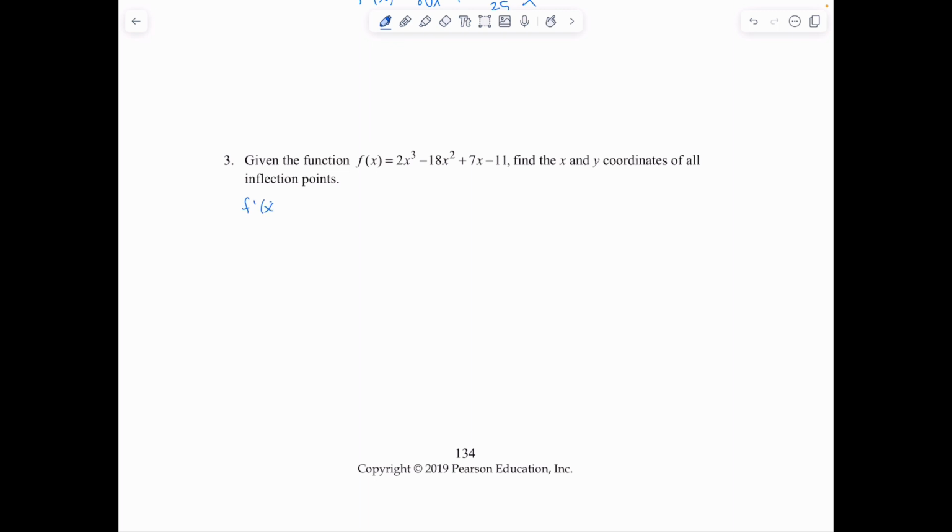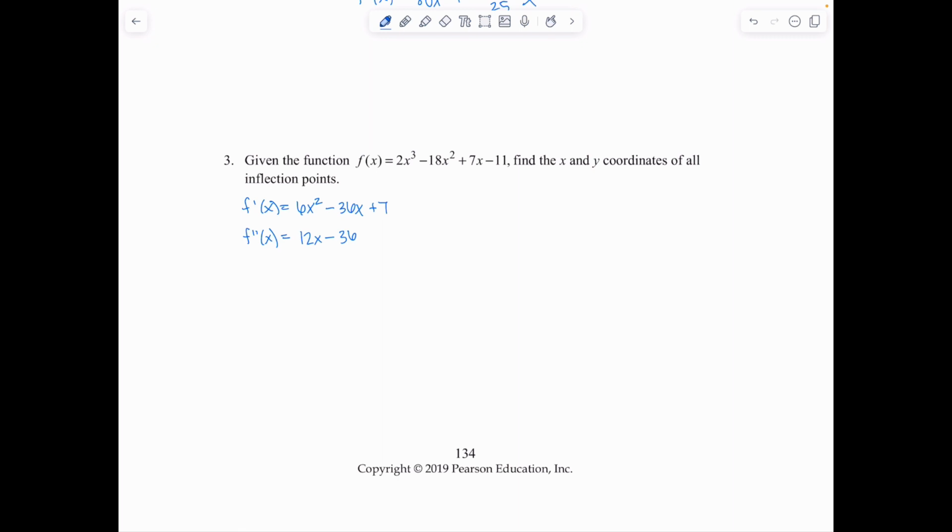Our first derivative: the derivative of 2x cubed is 6x squared, the derivative of negative 18x squared is negative 36x, the derivative of 7x is 7, and the derivative of 11 is 0. From here we can find our second derivative. The derivative of 6x squared is 12x, the derivative of negative 36x is negative 36, and the derivative of 7 is 0.